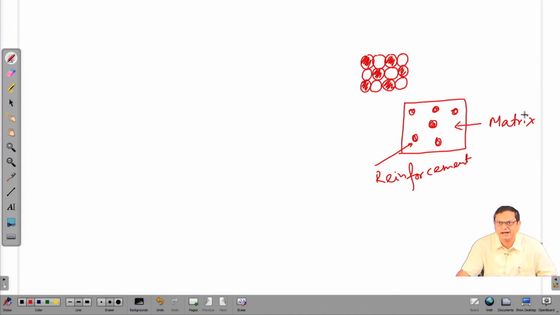The matrix and the reinforcement keep their physical and chemical properties intact and have distinct phase boundaries. That is the basic difference between a composite material and an alloy.